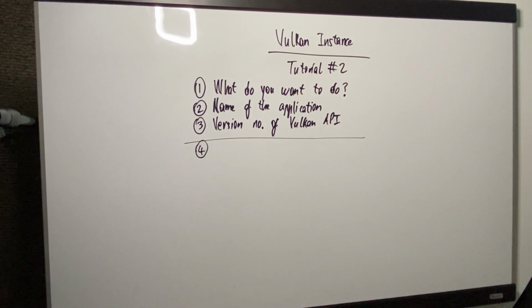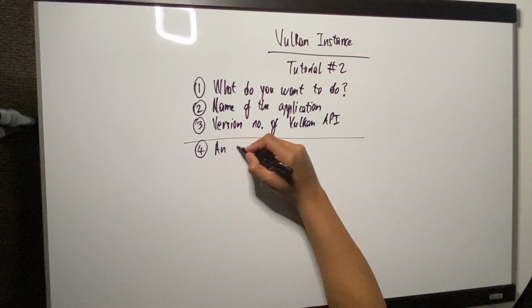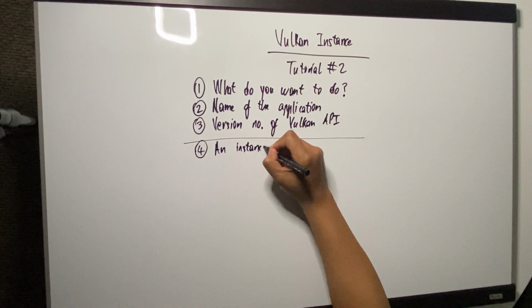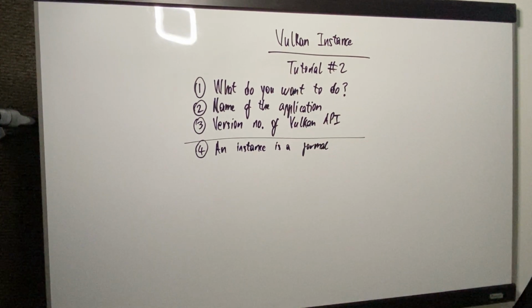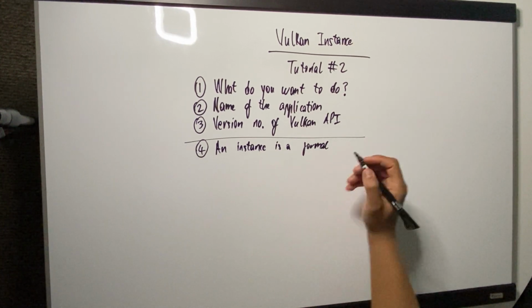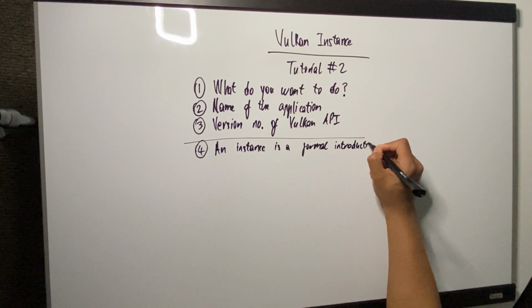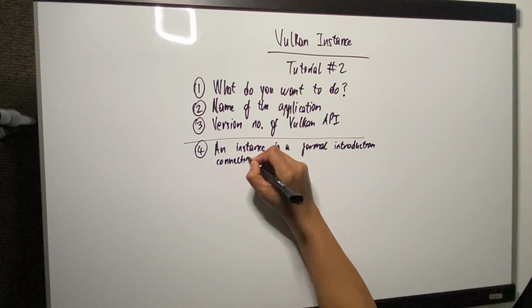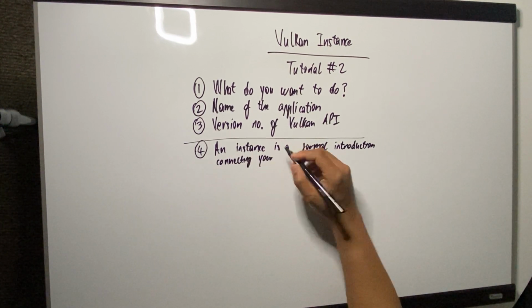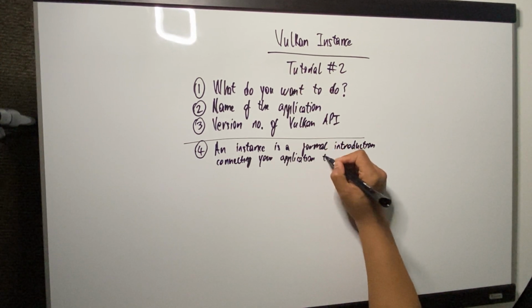Number 4, an instance is a formal introduction connecting your application to Vulkan.